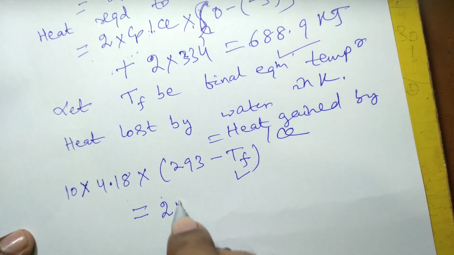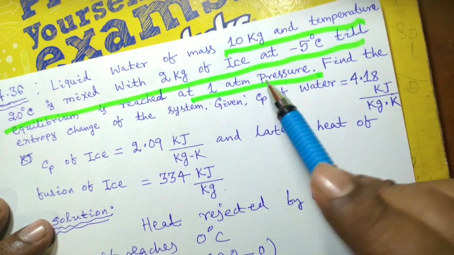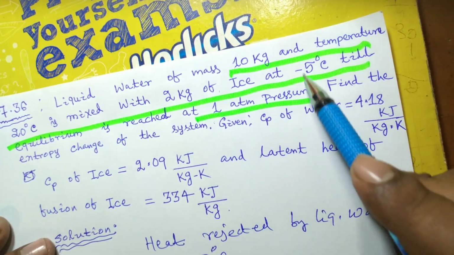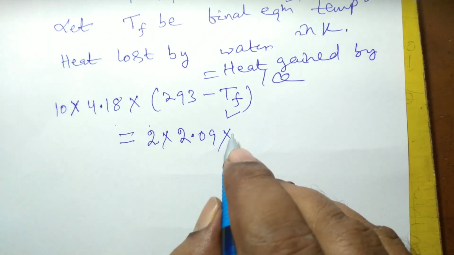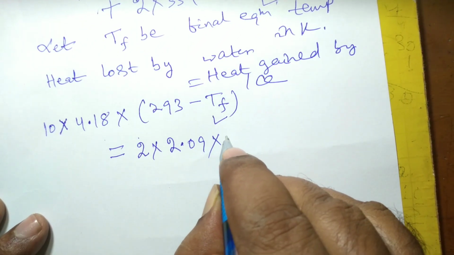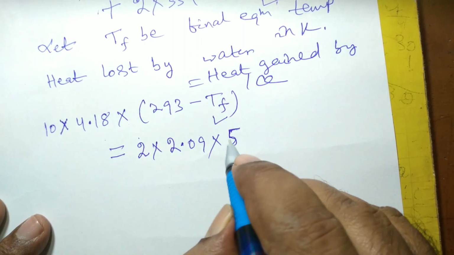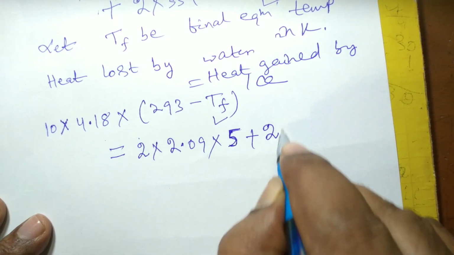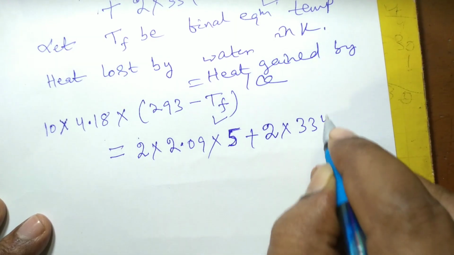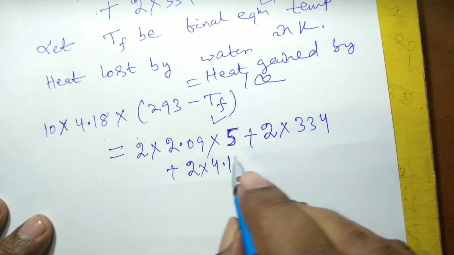And heat gained by ice is 2 kg of ice, 2 into 2.09 into 5, from minus 5 to 0 degrees Celsius the temperature difference will be the same, 5, even in Kelvin, plus 2 into latent heat of fusion of ice, 334, plus 2 into 4.18 into TF minus 273, once it reaches the liquid state.